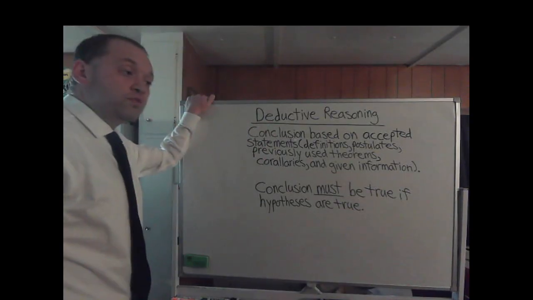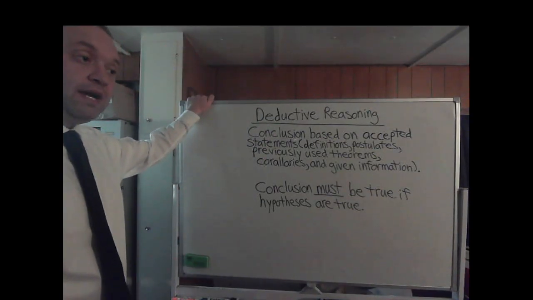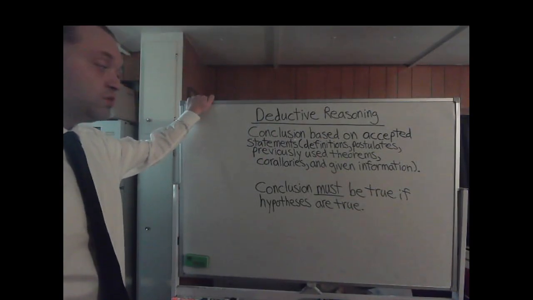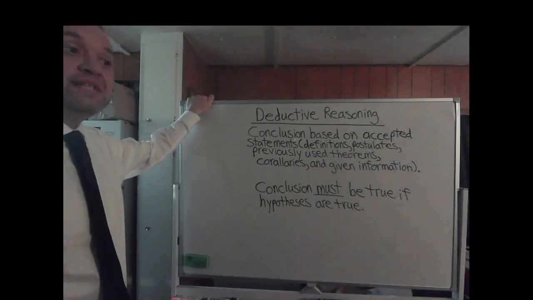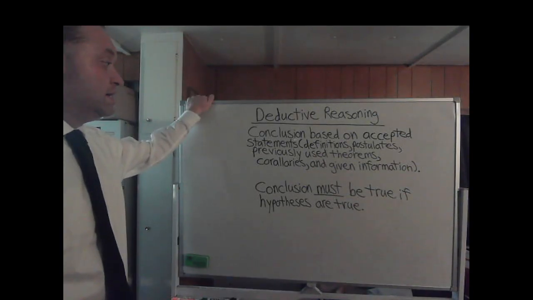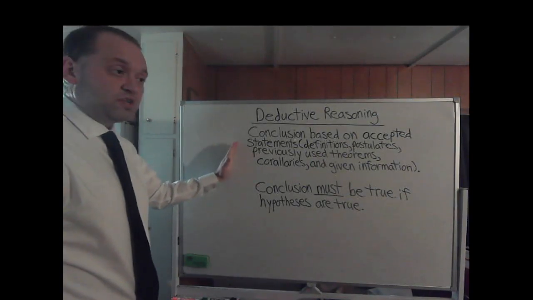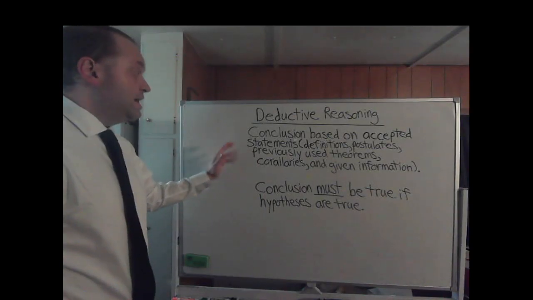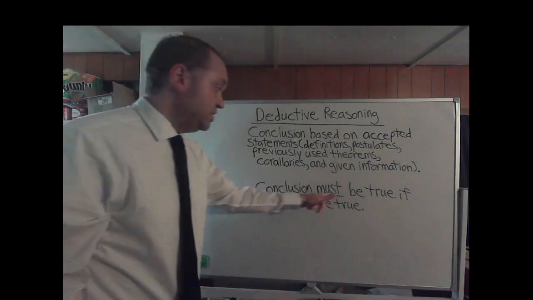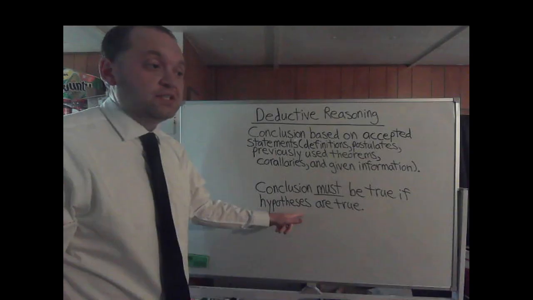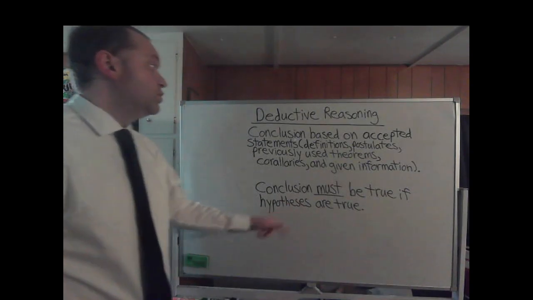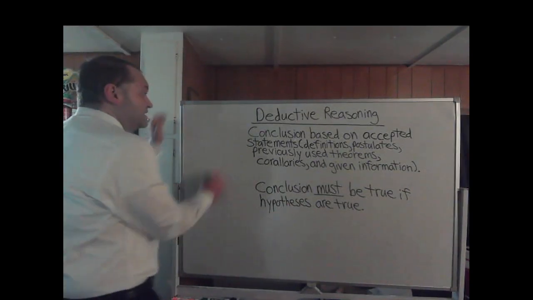So, all the proofs we've been doing up till now and are going to do in the future in this course have all been based on deductive reasoning. It pretty much fits this description to a T. And then the conclusion must be true if the hypotheses are true. So that's the thing with deductive reasoning.